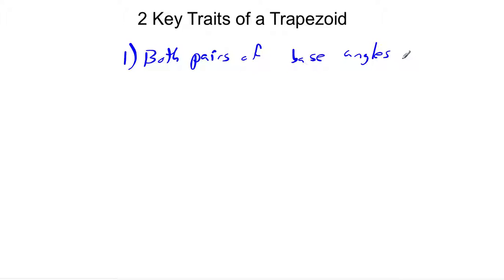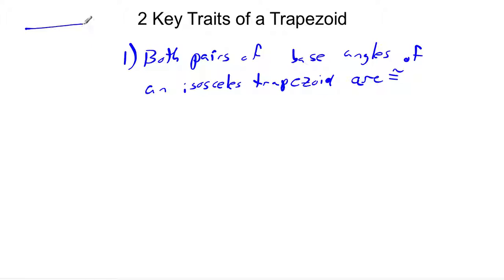So there are two key traits of an isosceles trapezoid. The first is that both pairs of an isosceles trapezoid's base angles are congruent.